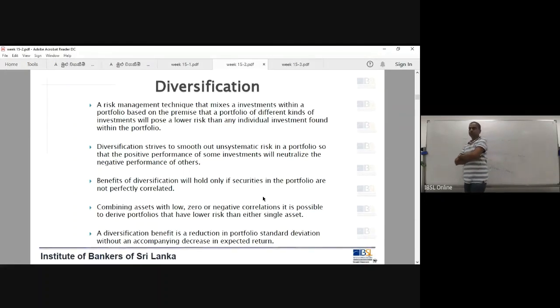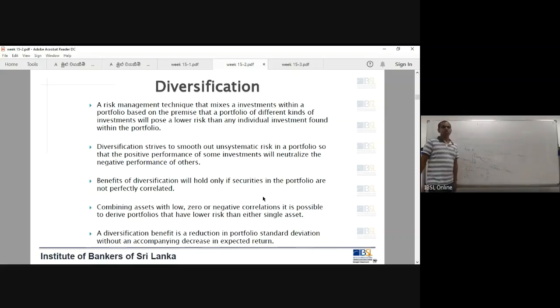So you need to have different kinds of investments. Investing in various kinds of assets will give you lower total risk than investing in one particular asset.